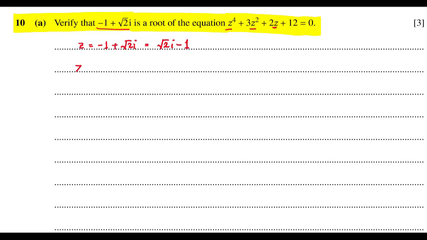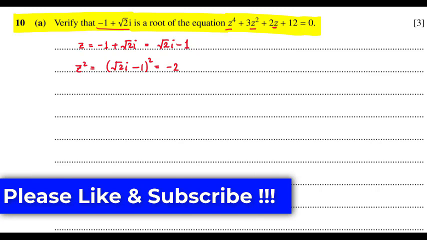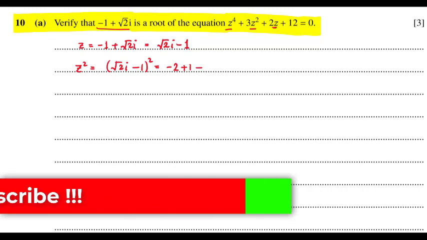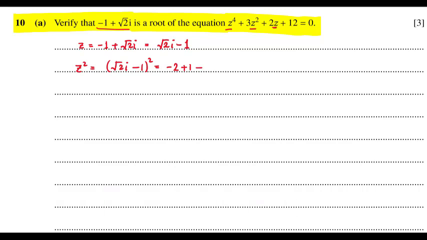And then z square is going to be the square of root 2 iota minus 1, which is root 2 iota square is 2 iota square, and iota square is minus 1, so it is minus 2, plus 1 square, so it is 1, minus 2 times a into b, it is the a minus b whole square identity, so it is going to be 2 root 2 iota, or we can say it is minus 1 minus 2 root 2 iota. That's the z square.